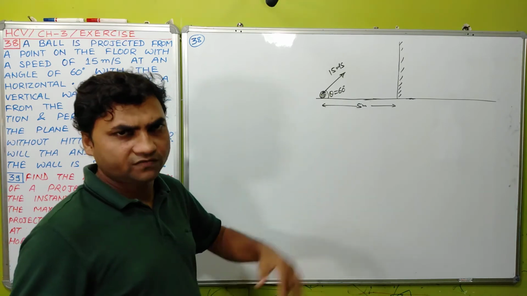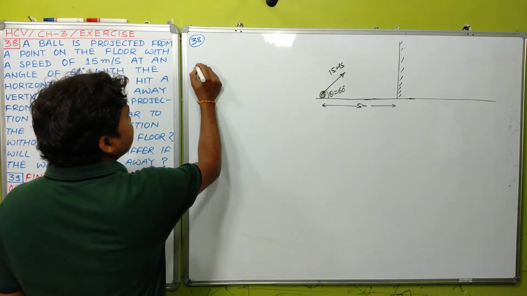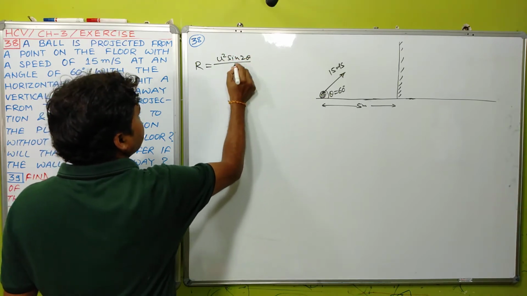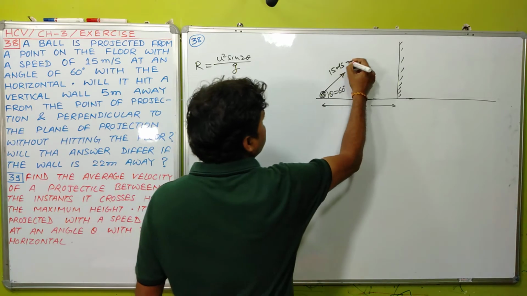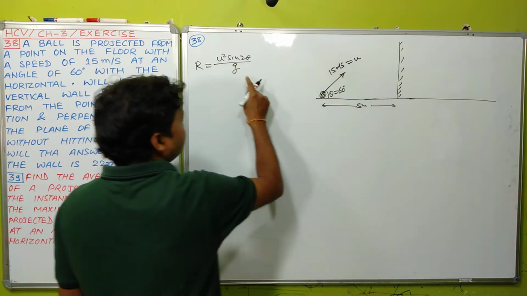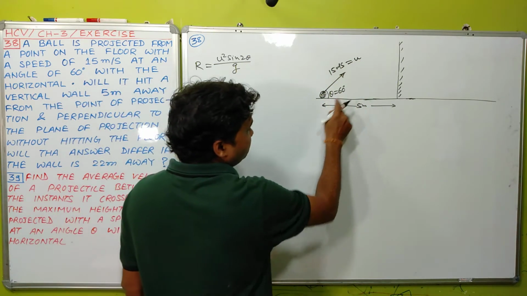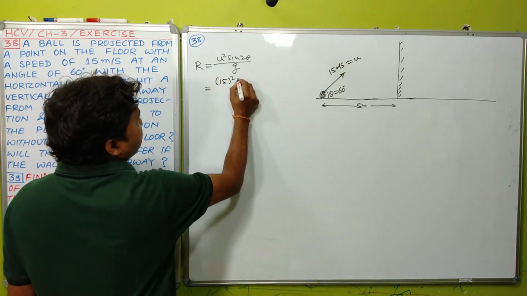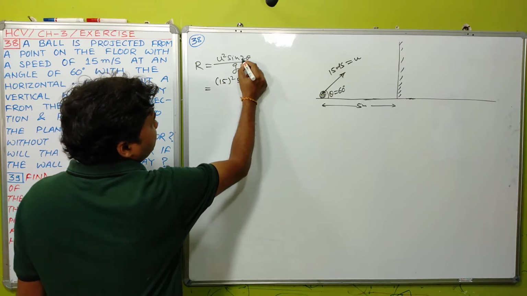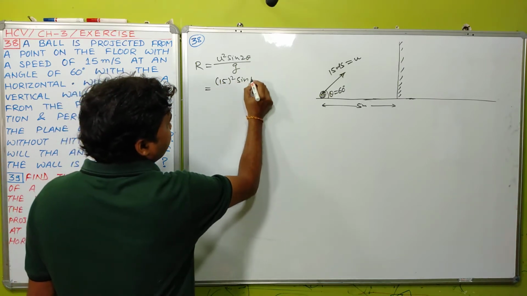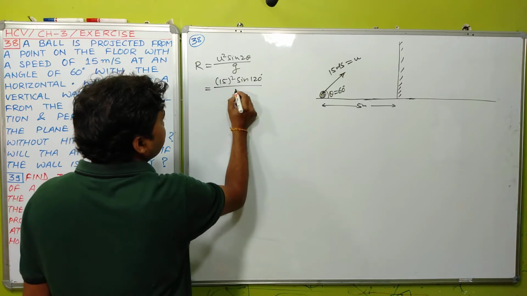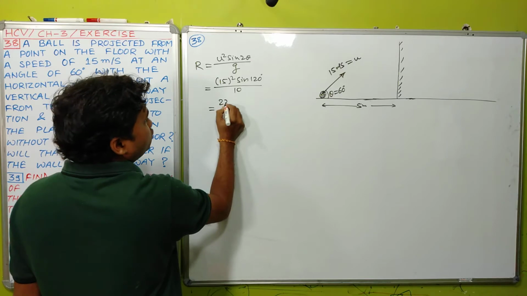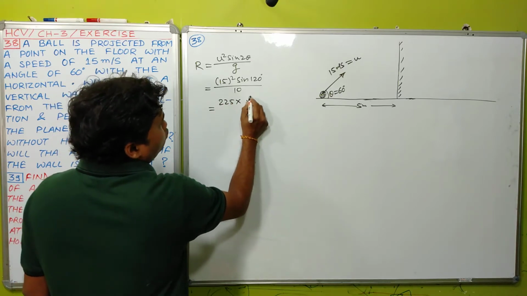So firstly, let us check its range, which is given by u square sine 2 theta by g, where u is the speed of projection having value 15 meter per second, that is given. Theta is the angle of projection, its value is given 60 degree. So when we solve it, 15 square, sine 2 into 60 degree, 2 into 60 degree means this becomes sine 120 degree. g, its value is 10 meter per second square, roughly. 15 square is 225.